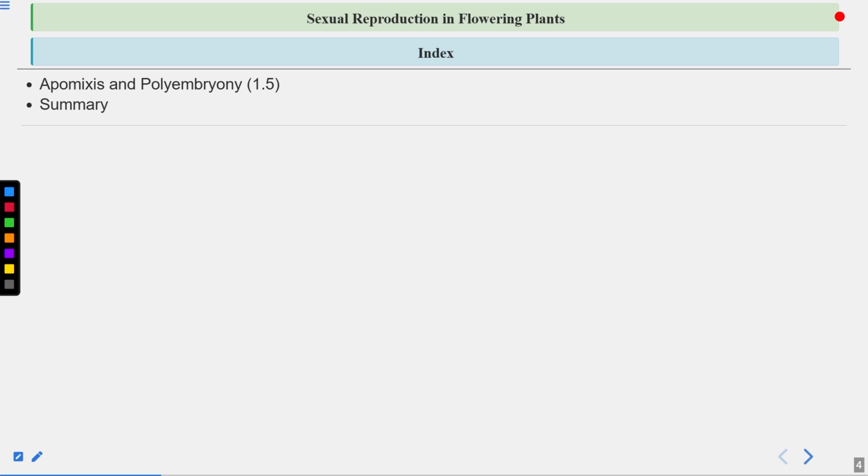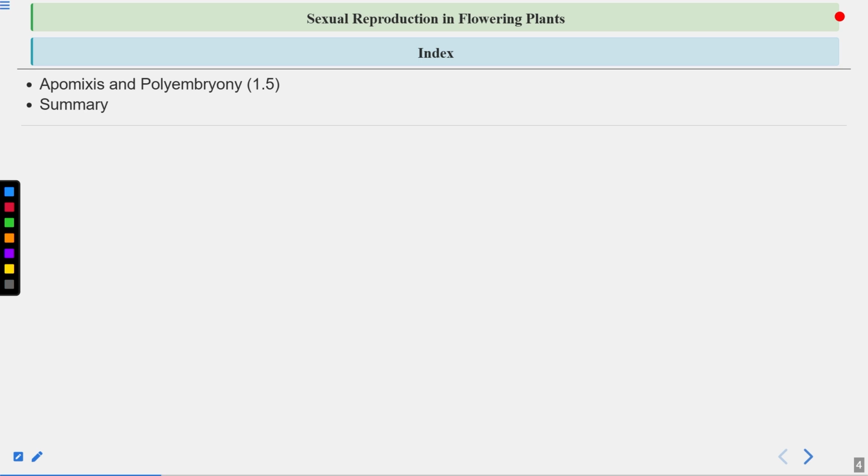We have discussed how the male gametophyte is formed inside the anther, that is the pollen grain. And we have also discussed the formation of the embryo sac in the female reproductive structure. The female gametophyte is the embryo sac and it is formed inside the ovule. Ovules are placed inside the ovary, right?